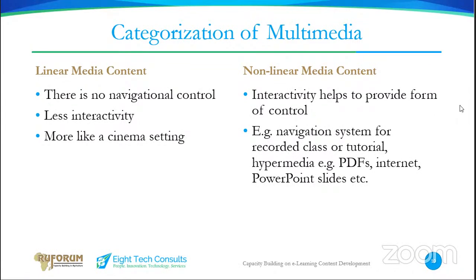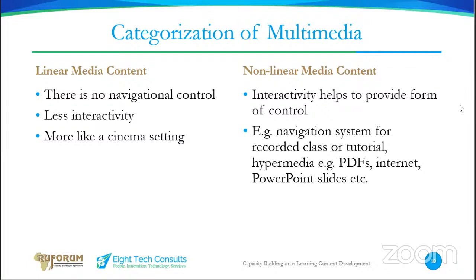You can see here you have examples, the recorded classes, tutorials, hypermedia. Now, hypermedia refers to a combination of the traditional, the digital content type that I was talking about, and then with some sort of hyperlinks. So hyperlinks are simply actions which take you from one point to another, I could say.